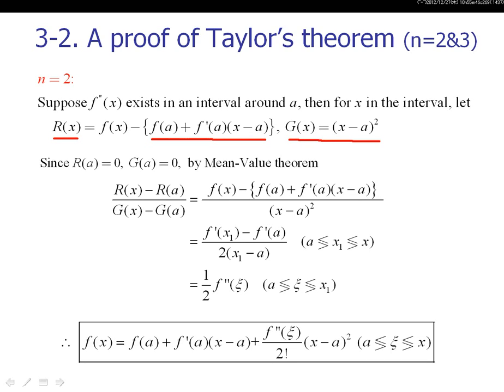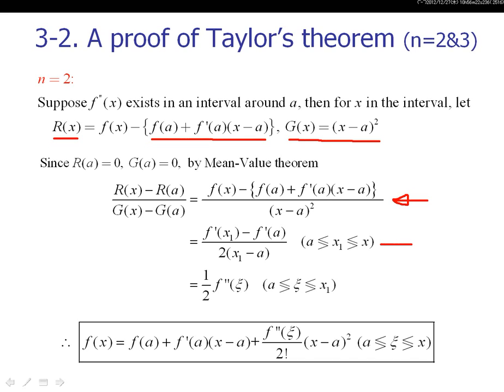Since ra and ga equal 0, rx minus ra over gx minus ga equal rx over gx, this one. And we use Cauchy's mean value theorem. So we differentiate numerator and replace x by x1, f prime x1 minus f prime a. And we differentiate denominator and replace x by x1 to x1 minus a.